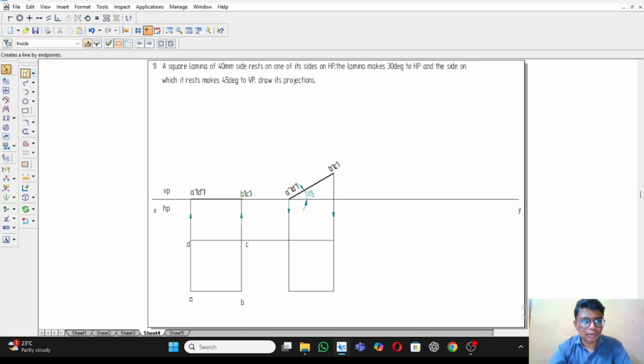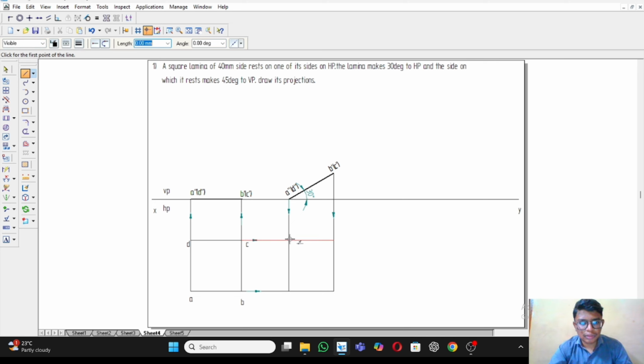We have to project the line from downward also. Now let's make this part visible by selecting a line, visible line.